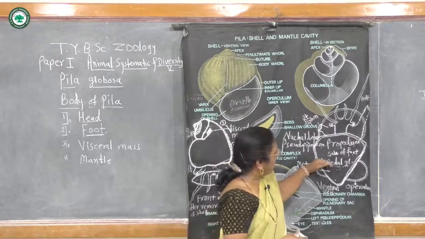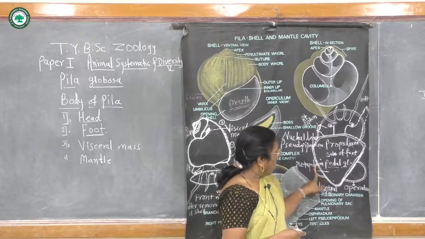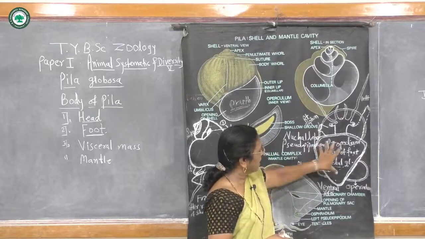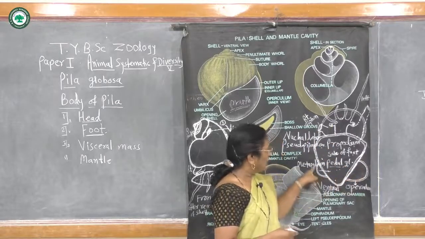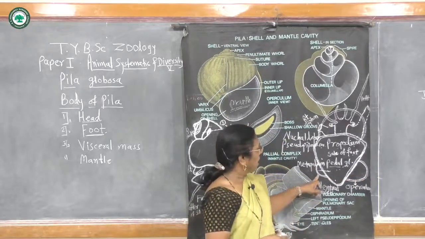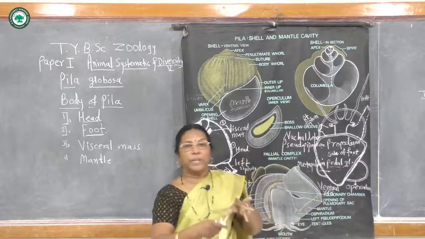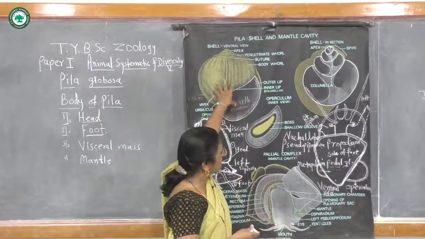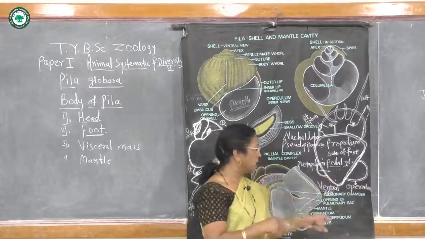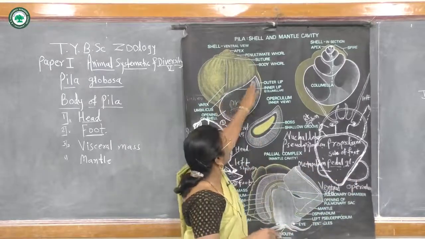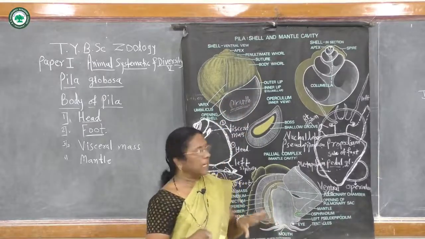This ventral part is the metapodium. On its dorsal surface, this metapodium is attached with the operculum. When the animal withdraws its head and foot inside the shell, this metapodium covers this operculum on the aperture or mouth of the shell and closes that lid.